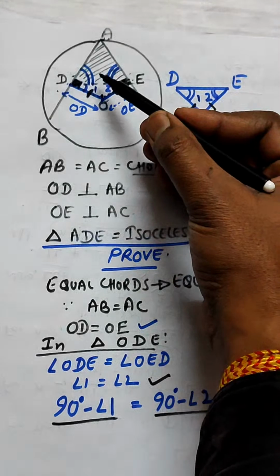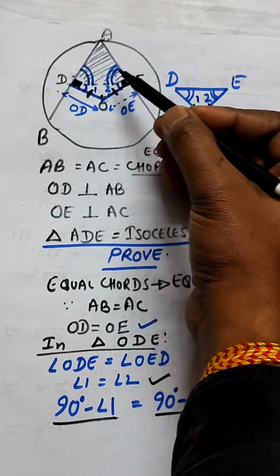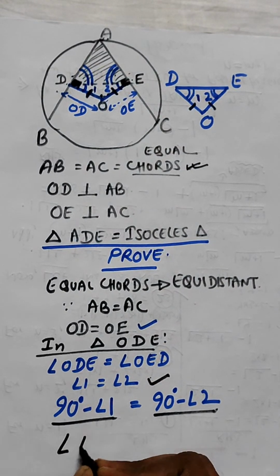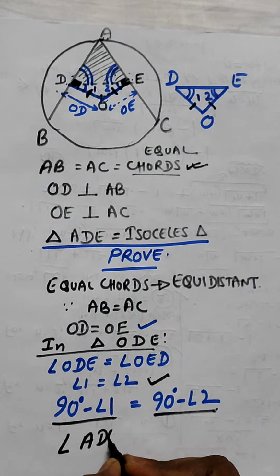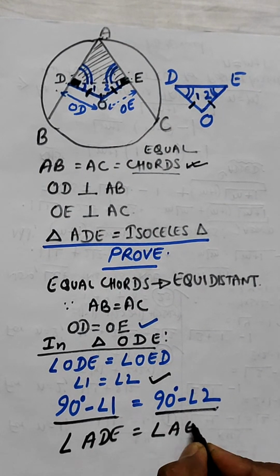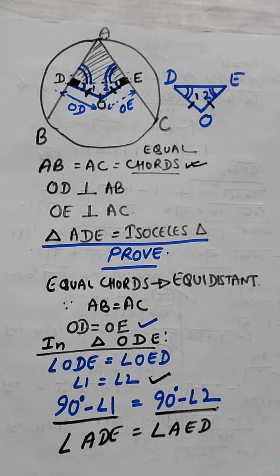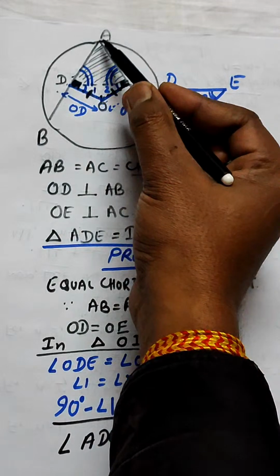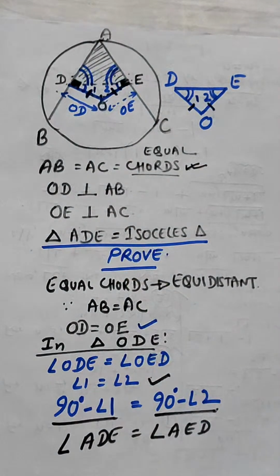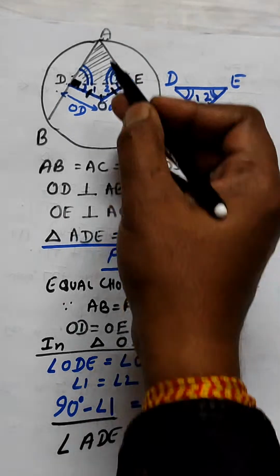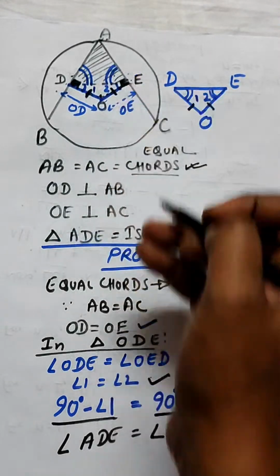So we can say that angle ADE equals angle AED. And these are the angles opposite to the sides AE and AD respectively. So opposite to ADE, this is AE.